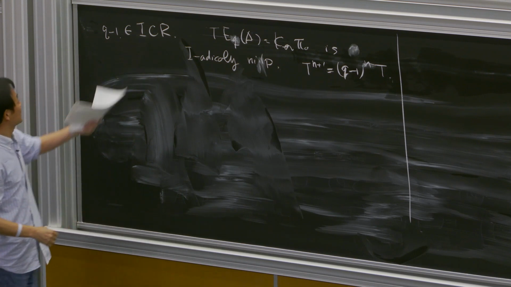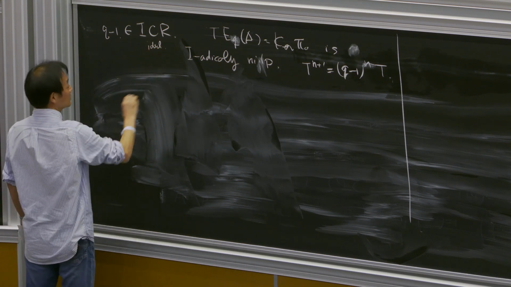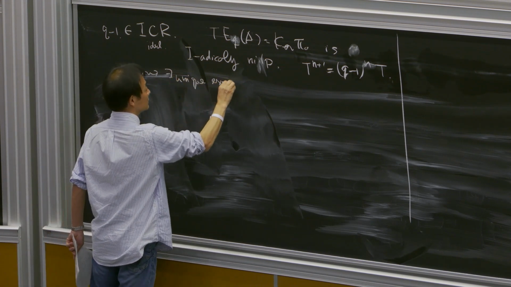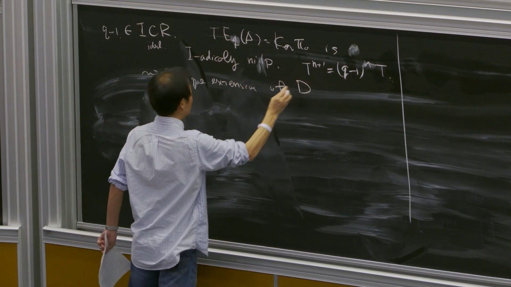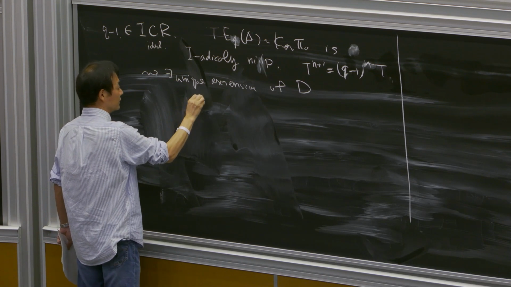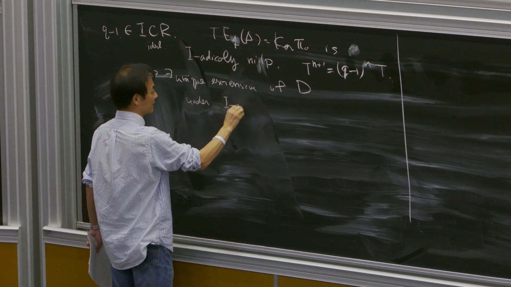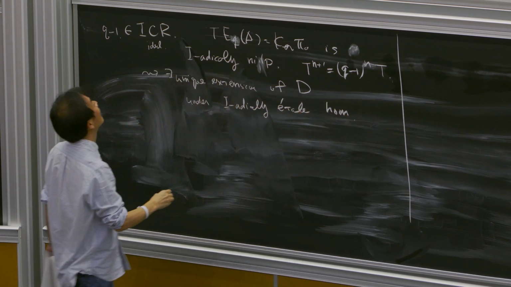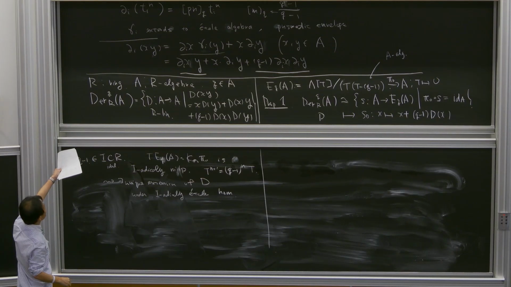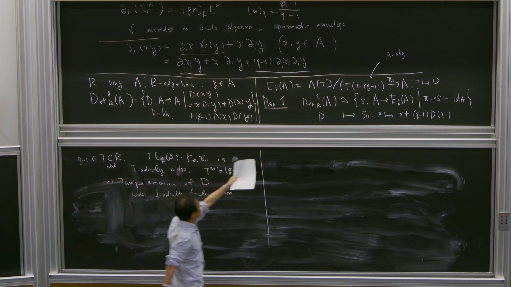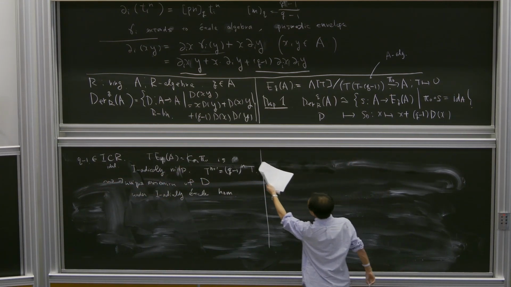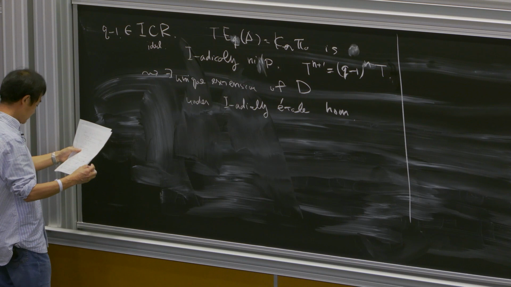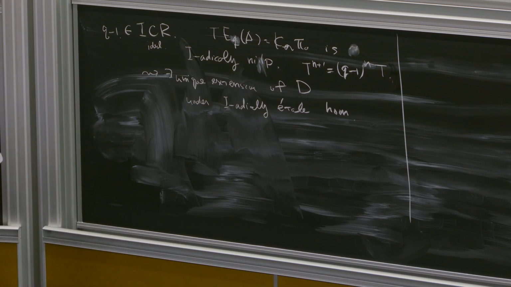And if q minus 1 is contained in this ideal, this allows a unique extension of D under I-adic completion. The definition is complicated, but using this description you can easily show that this twisted endomorphism uniquely extends to the completion as a homomorphism. This is quite easy to show.